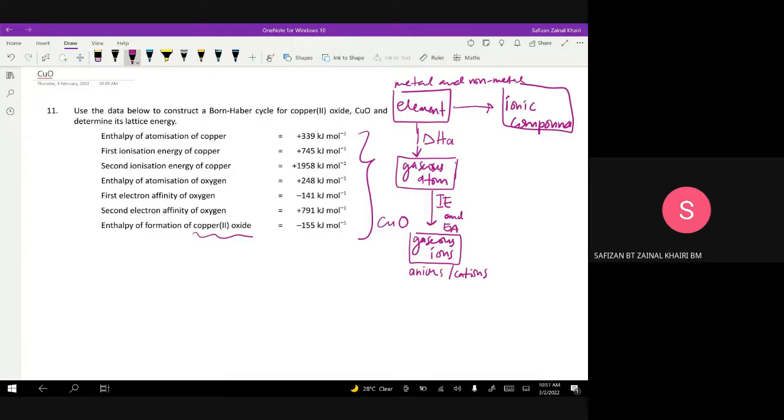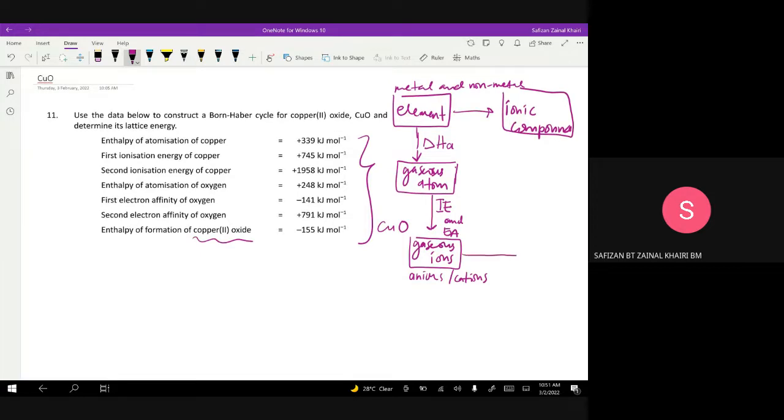Okay, after gaseous ions form, the gaseous ion will combine to form ionic compound. So the energy involved here, we call as a lattice energy. Okay, this is the process occur to form the ionic compound.